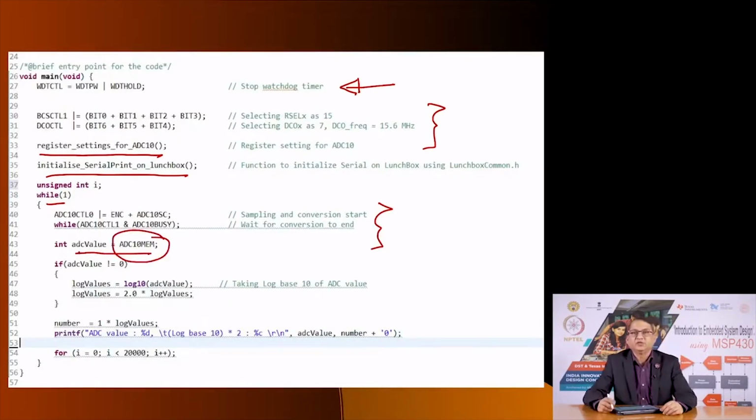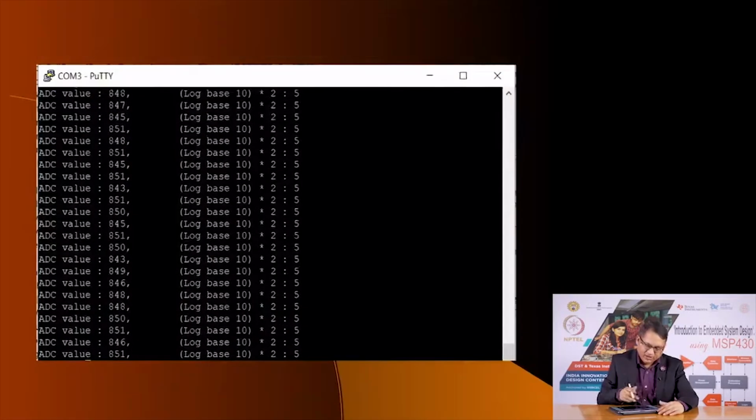Once the conversion is over, the ADC writes the value into this memory location ADC10MEM. We have transferred it into the ADC value, and now based on the ADC values we are processing that information and then transferring that to the printf, which actually invokes the serial print, and then this is simply a delay value.